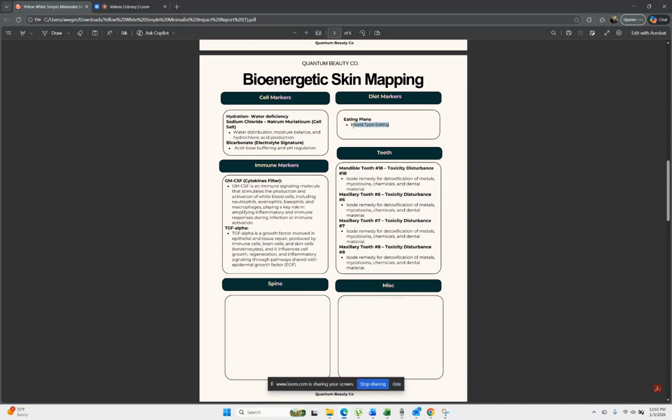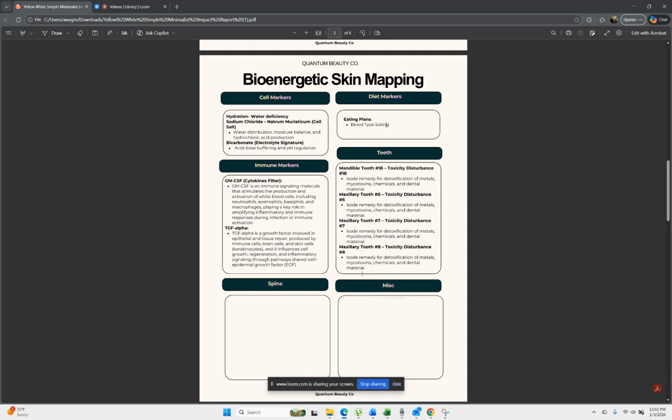For diets, blood type eating, and what's funny is I don't actually know my blood type, but this has come up for me on bioenergetics before, so I feel like I need to find out. Then we had some immune markers, some inflammatory cytokines, which shows that the immune system is chronically always active. Of course, from having mast cell and even just being very immune activated in my childhood and in my adulthood, I'm not surprised to see this.